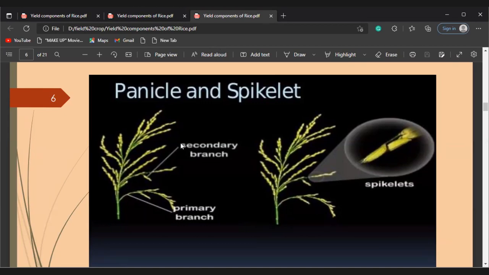Yes, that's from the main one. The branches that grow from the main stem are called primary. From the primary, if branches develop, those are called secondary branches. Both primary and secondary branches can have spikelets.